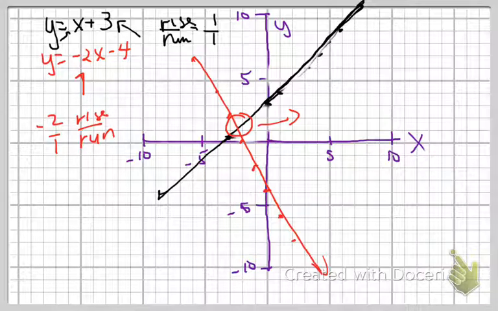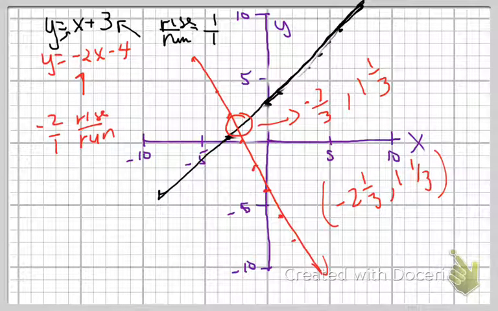We said earlier that it was negative 7/3, which is negative 2 1/3, and that looks right. The y value looks like it's about positive 1 1/3. That's what we got when we did that. So really, we could say negative 2 1/3 and 1 1/3 is my point of intersection, my solution.